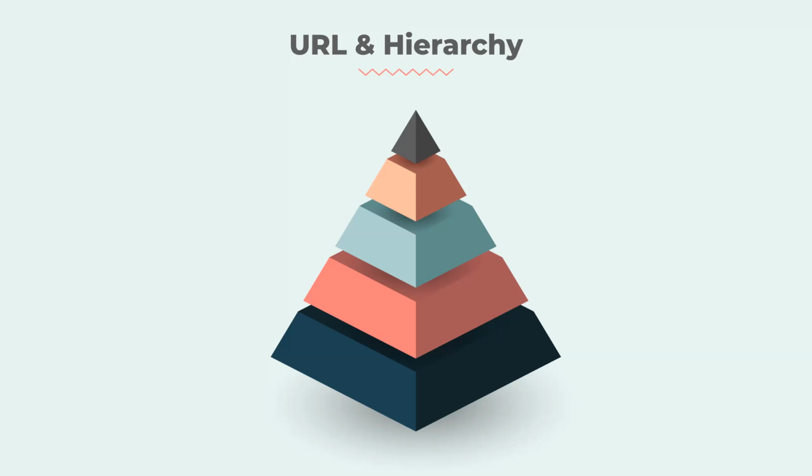So if you have a Santa Clara dispensary, as an example, the URL might be yourdispensary.com/dispensaries/CA for California/Santa Clara. Just looking at the URL, you pretty much know what you're going to get yourself into. This is important because it highlights how relevant your pages are and makes it easier for searchers to understand what may be on that page.